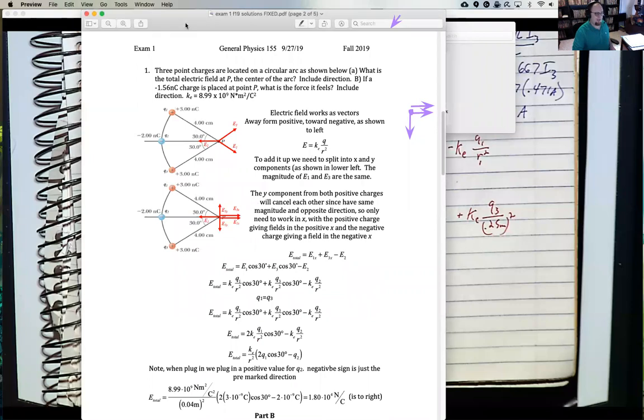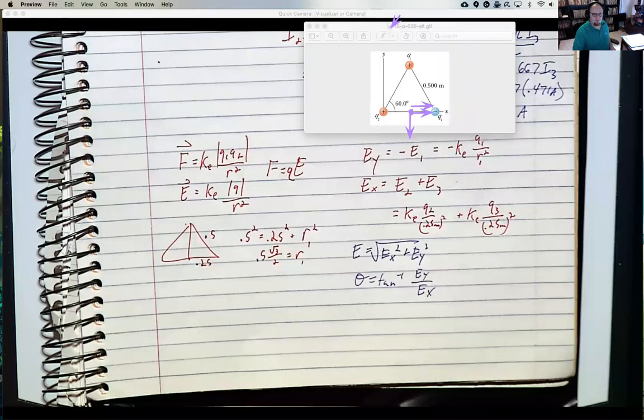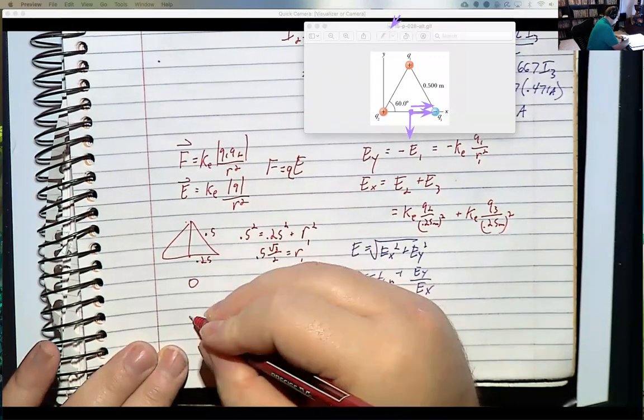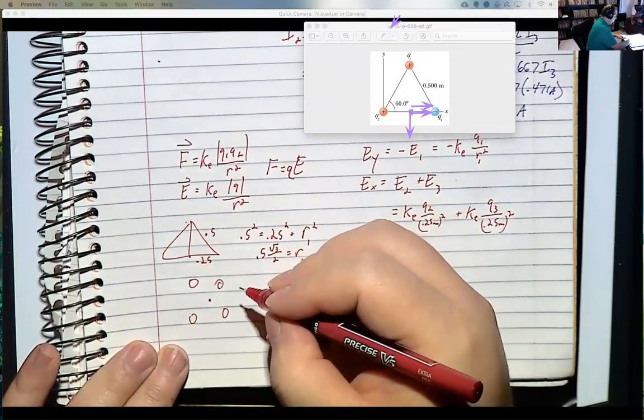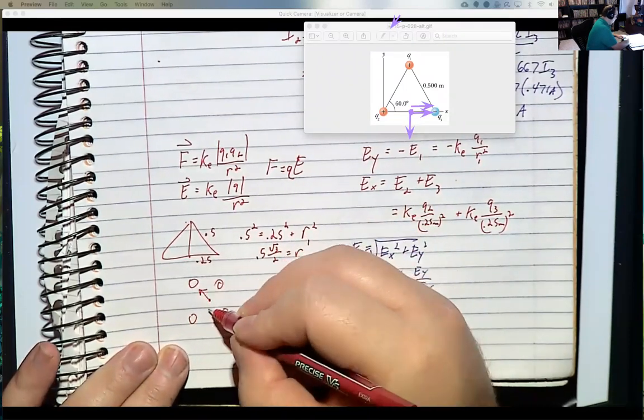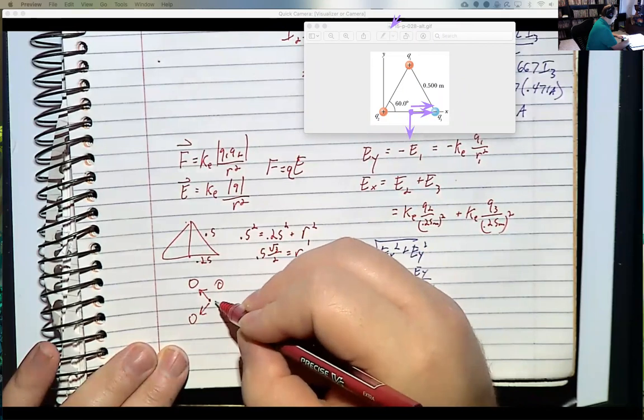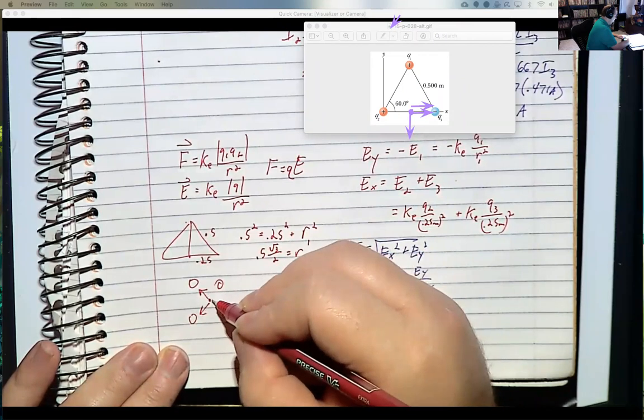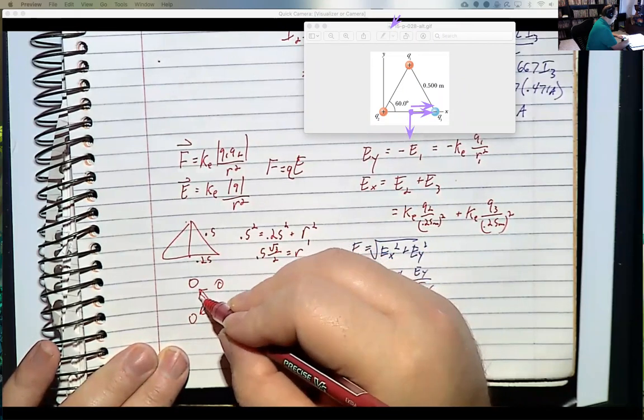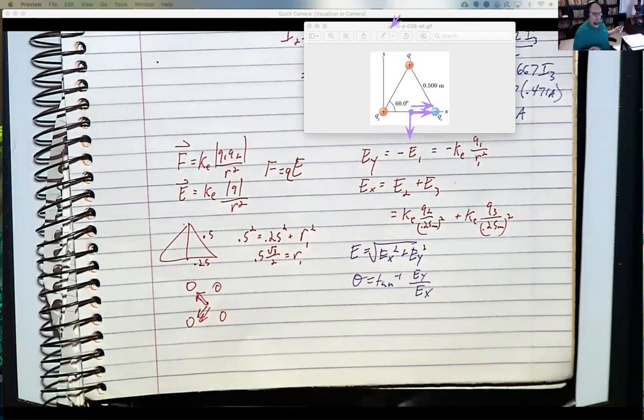I'm not going to make it a real bitch. One of the practice problems was a square with the electric field in the middle, and they all had balancing Q's, so all of the Y's canceled. Just look at the exam packet. I'll do something like that.